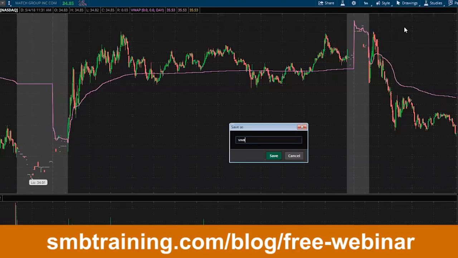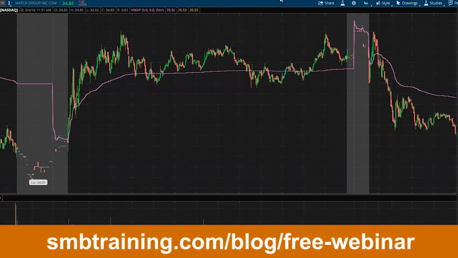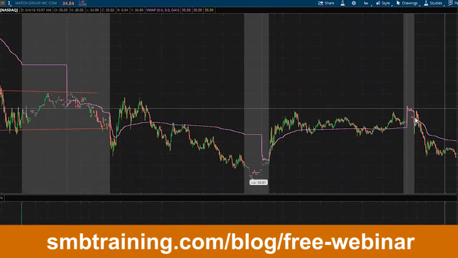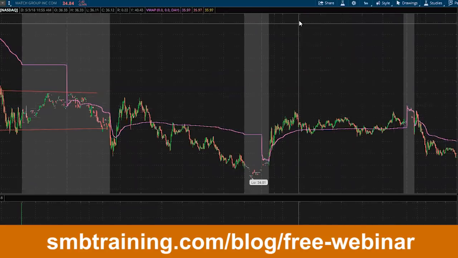You should see a pretty clear staircase up chart pattern. It should go up and pull in a little bit. It should go up and make new highs, pull in a little bit and go up and make new highs. You should see that type of chart pattern.